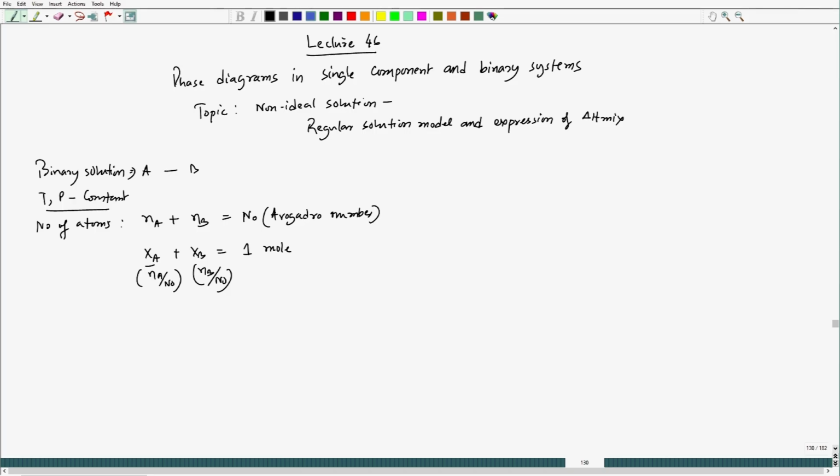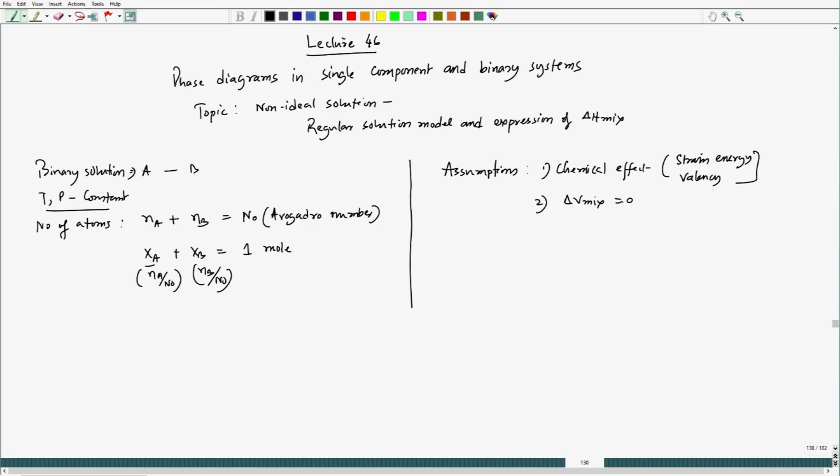And we have taken some important assumptions. Those are, first, chemical effect only, no other effect like strain energy, valency, all those effects are ignored. Second is del V mix equal to 0, that means the volume dilation is 0, no volume change, and we are talking about molar volume change.